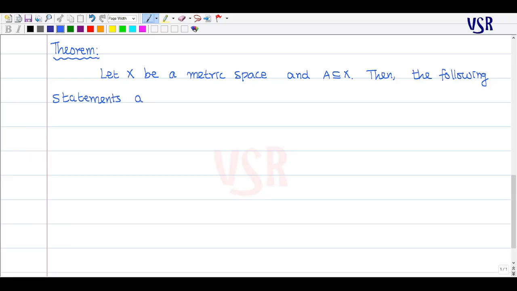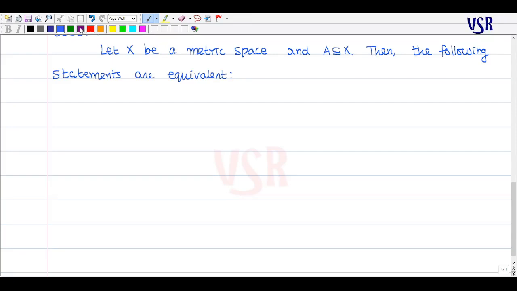Number 1: capital A is nowhere dense. That means the interior of A closure is equal to empty.